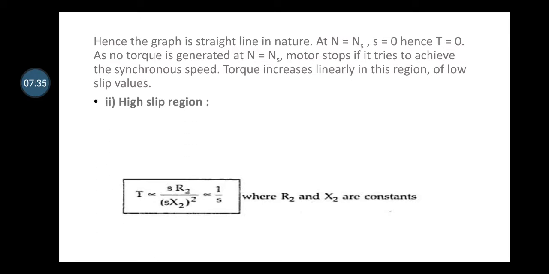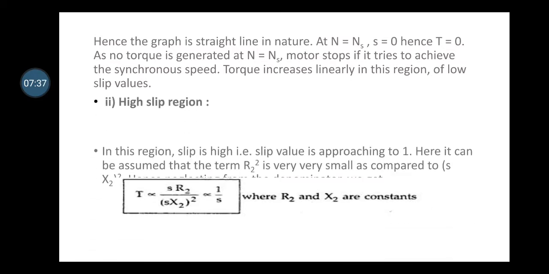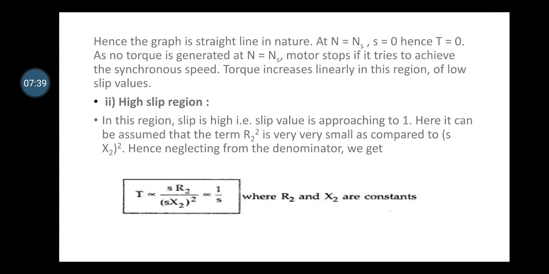Now in the case of the high slip region, the slip value is approaching 1. Here it can be assumed that the term R2 is very small as compared to S square X2 square, therefore it is neglected from the denominator.